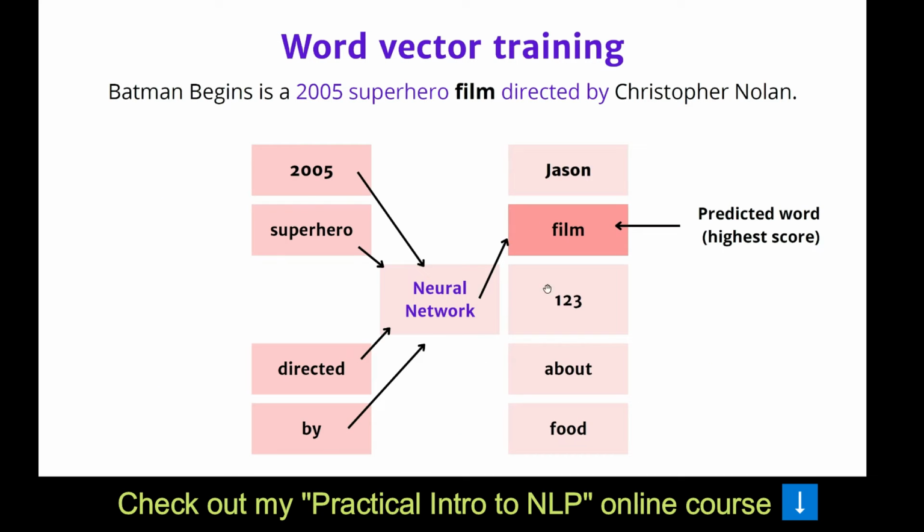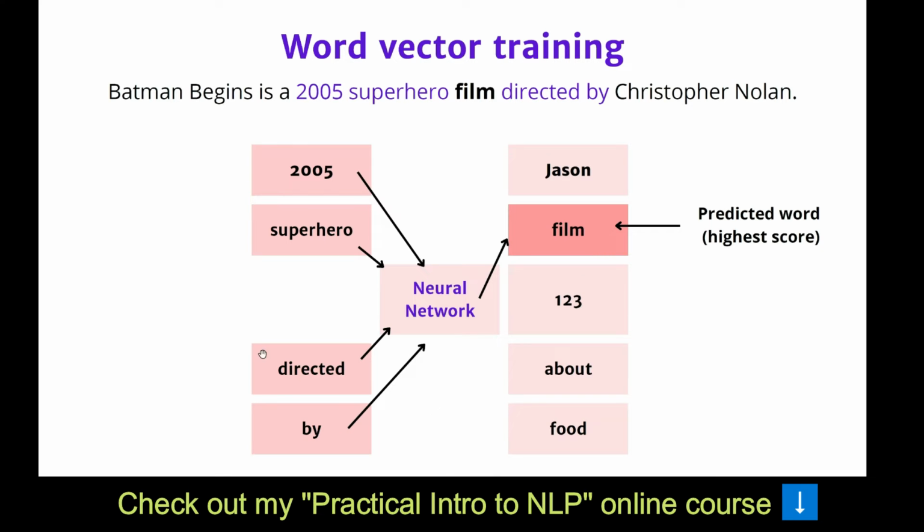So let's make that clear. For example, if you just have a sentence like Batman Begins is a 2005 superhero film directed by Christopher Nolan, what's going to happen is that you will take a sliding window of, let's say, 5 words. Here, if you come to this, then you have this 5-word sliding window where film is in the middle. So in the input, you again have all the unique words in the whole corpus.